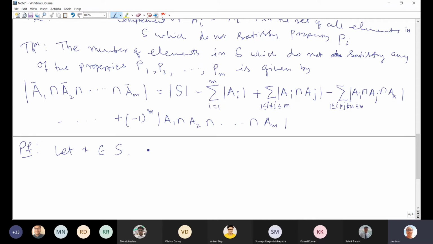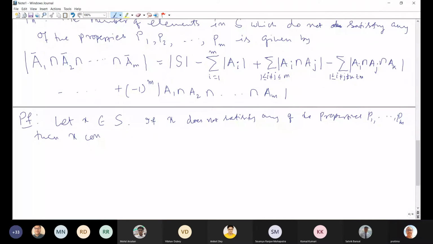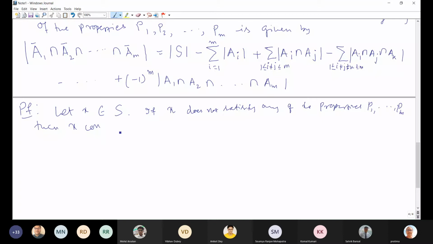So let me write. If X does not satisfy any of the properties P1 to Pm, then X contributes 1 to the left hand side.